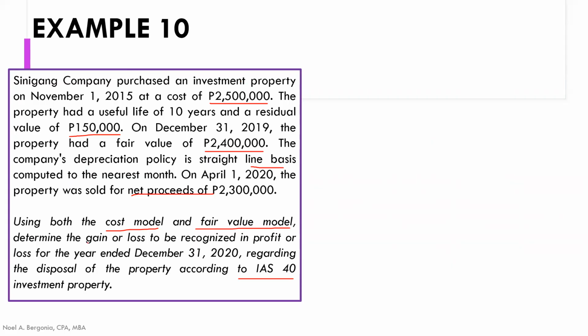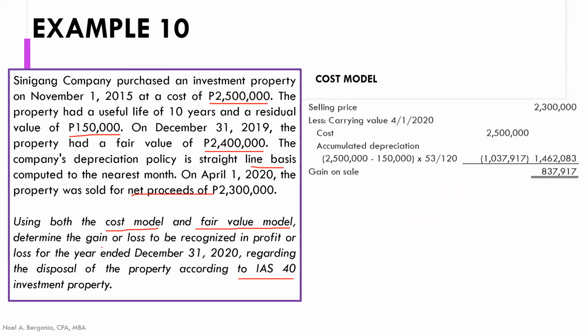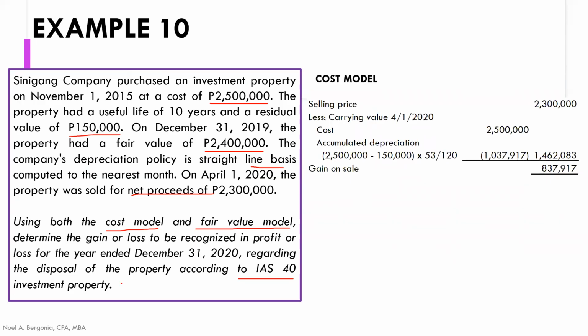So for the cost model first, what you need to do is determine the carrying value and compare it with the selling price or net proceeds. The net proceeds is 2,300,000. Now, as to the carrying value, check: November 1, 2015 is when it started. Then we are disposing it on April 1.